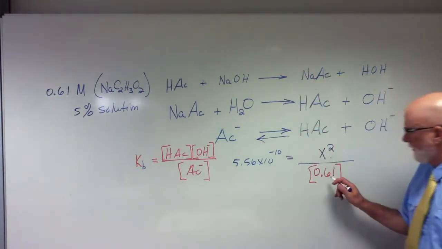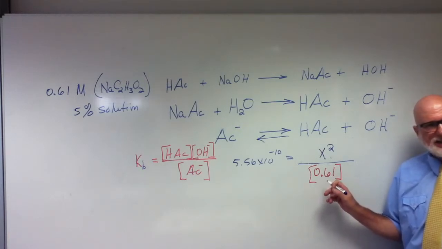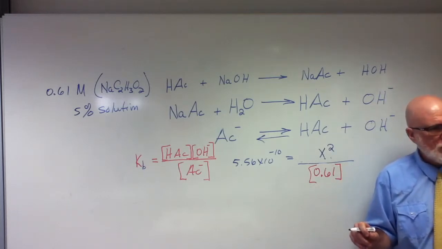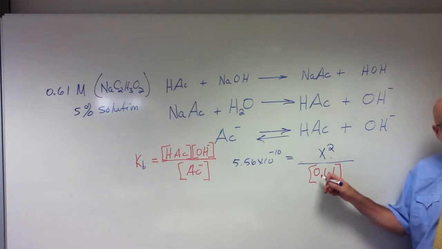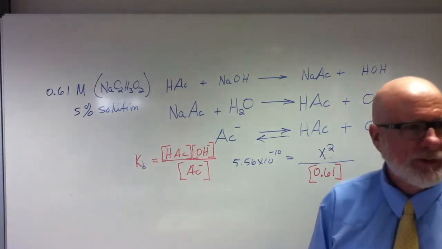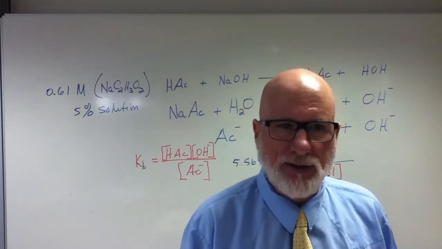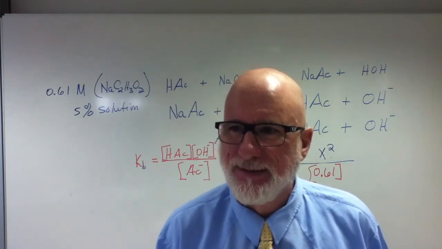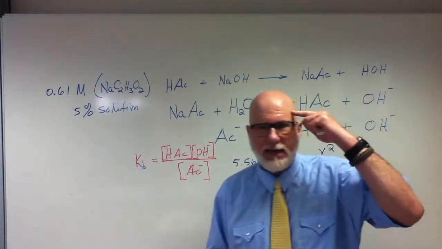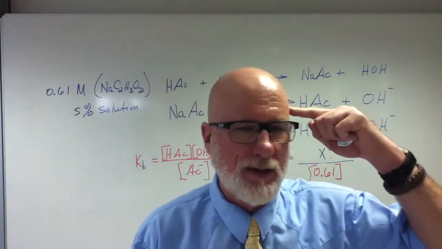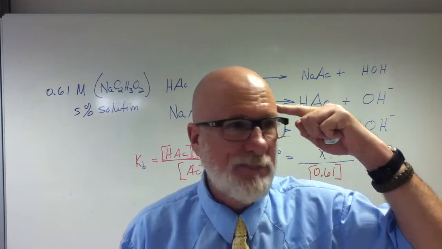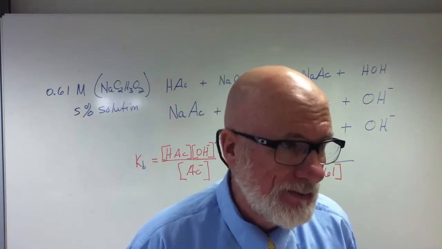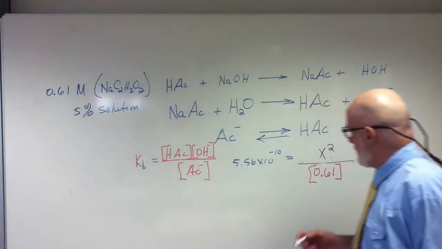The amount of the acetate ion that's actually lost in the dissociation is going to be so small that you can ignore it, because this is 0.61, that's hundredths place. What is the place value of the dissociation constant? Millionths is -6, billionths is -9, 10 billionths is -10. So it's going to be 10 billionths place. So can you ignore that value? You absolutely can.